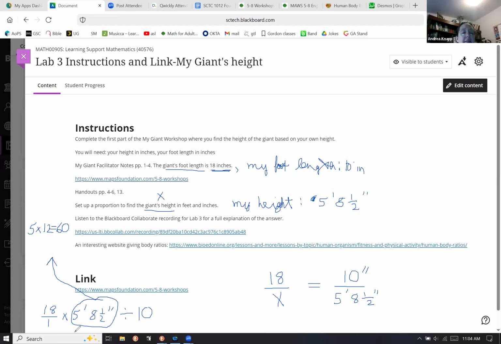And then we need to add onto that the 8.5 inches. And I'm going to write that as a decimal, 8.5. So it's 60 plus 8.5. 60 inches plus 8.5 inches.